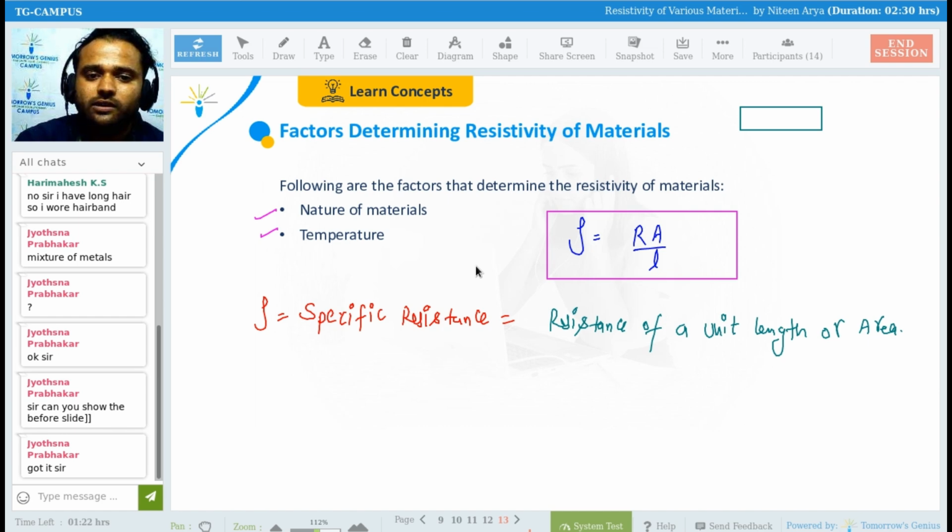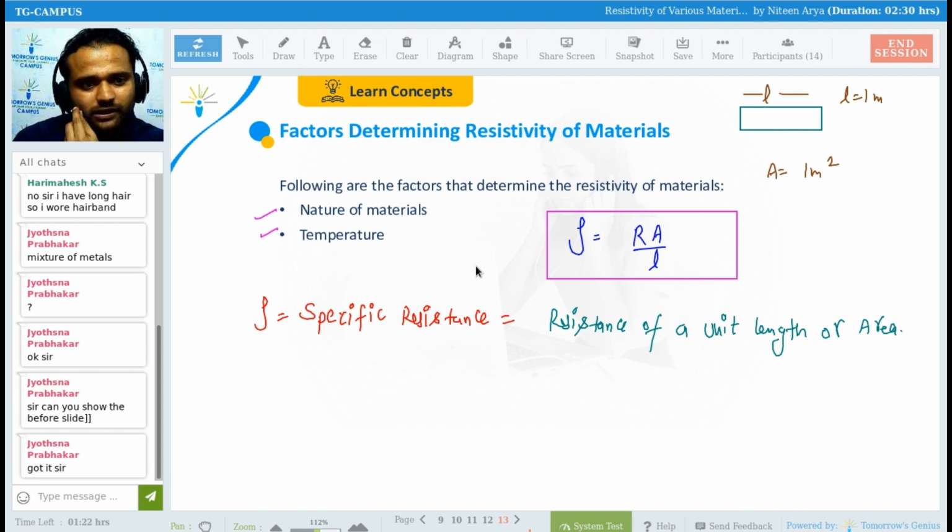The length of this specimen is 1 meter, and the area is also 1 meter square. Whatever the resistance of this particular thing per unit length and per unit cross section, that is resistance.